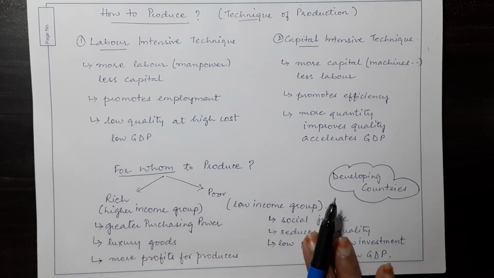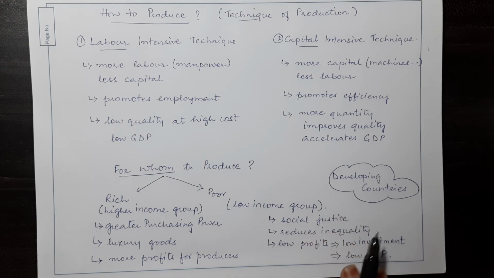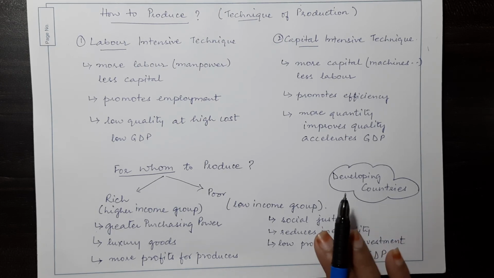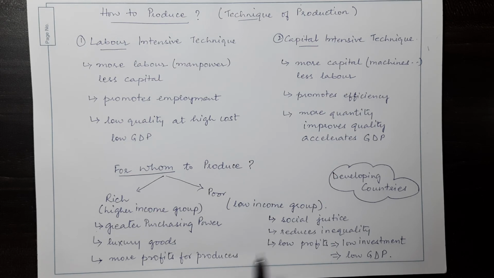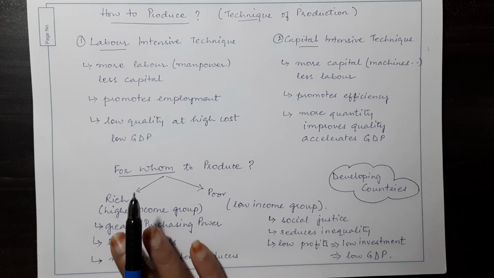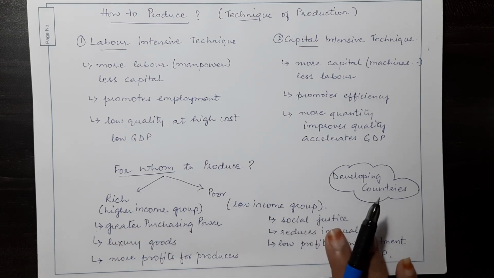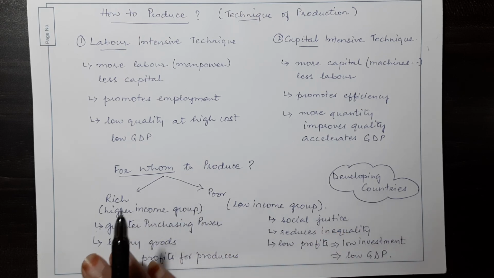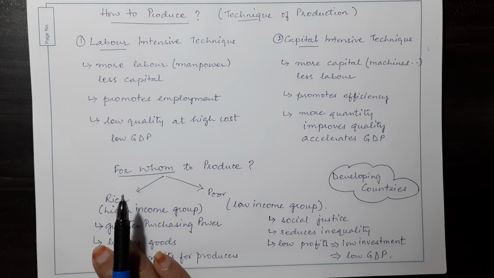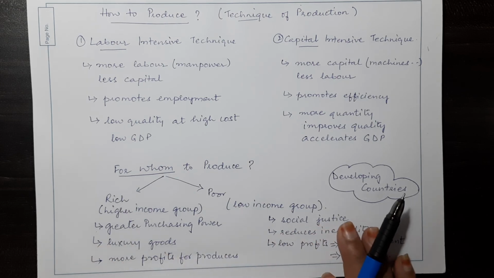Now, in centrally planned economy, since it looks into maximizing social welfare, the goods will be produced more in quantity for lower income groups. Now, a mixed economy looks into both profit maximization as well as social welfare. So, goods would be produced for both the richer section or the higher income groups as well as the lower income groups.